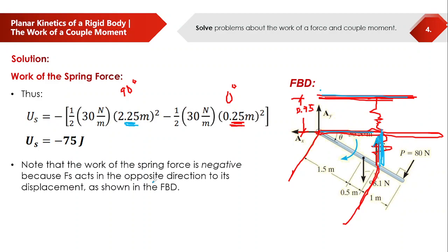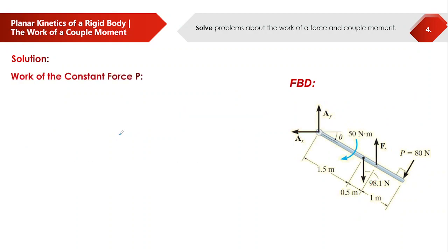Pagbasa mo lang sa problem, alam mo na dito yung direction ng spring force ko. Ito yung direction ng weight ko. Ito yung direction ng force ko na in-apply sa object ko, then safe ka na mag-compute ng work mo. Hindi mo na kailangan mag-ano pa. Okay? With the help of the FBD.